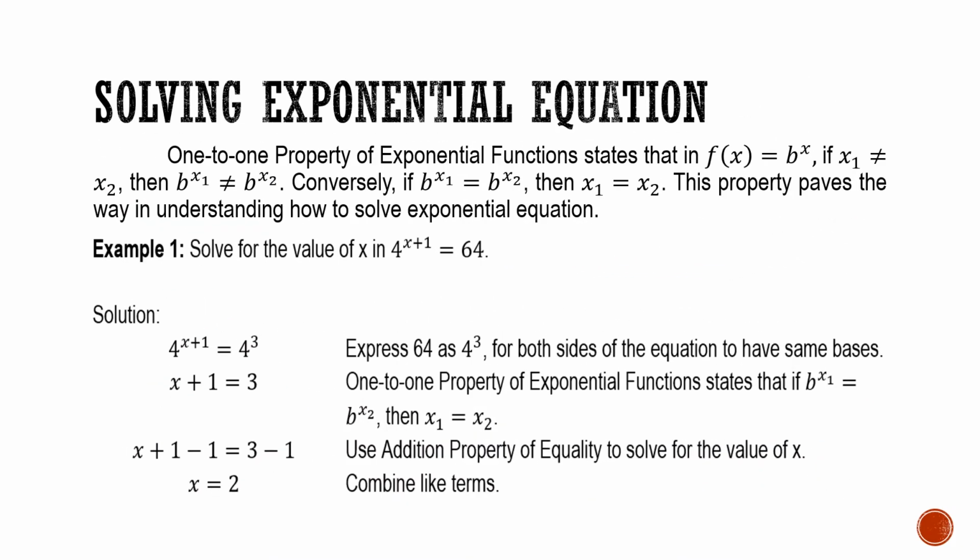So here let's deal with solving exponential equations. So the one-to-one property of exponential function states that f of x is equal to b raised to x. If x sub 1 is not equal to x sub 2, then b raised to x sub 1 is not equal to b raised to x sub 2.